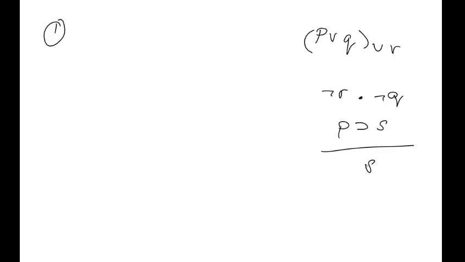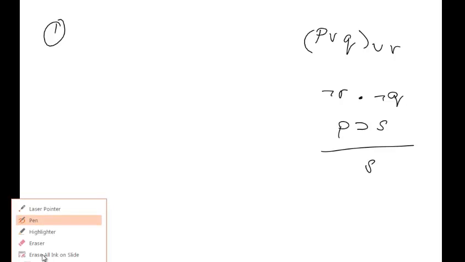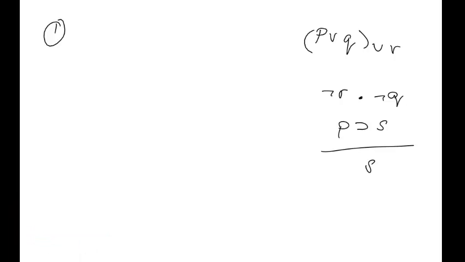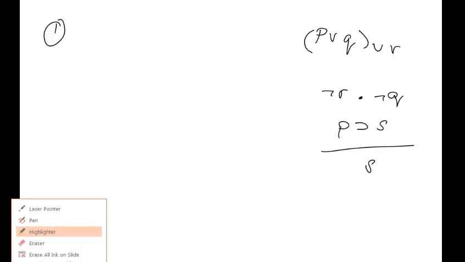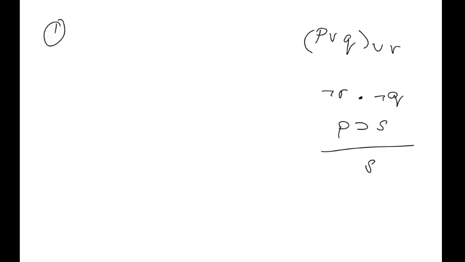Before we start doing the proof, let's do some analysis. Let's see what we've got here. So here's S. S is the conclusion. You're trying to get S out of all this stuff. So where is S? Well, S appears here, but it's trapped inside a conditional. If P then S is what we have.